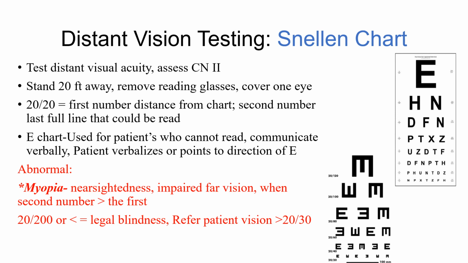So think about this: 20 over 20. The first number is the distance from the chart. The second number is the last full line that can be read. So at 20 feet, I see what other people can see at 20 feet. If at 20 feet, I see what other people can see at 200 feet, that would be considered legal blindness.